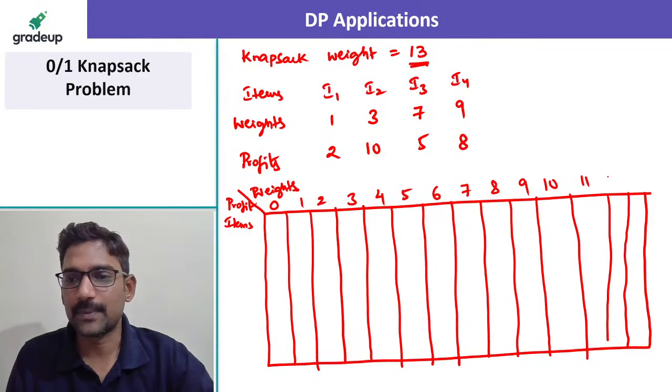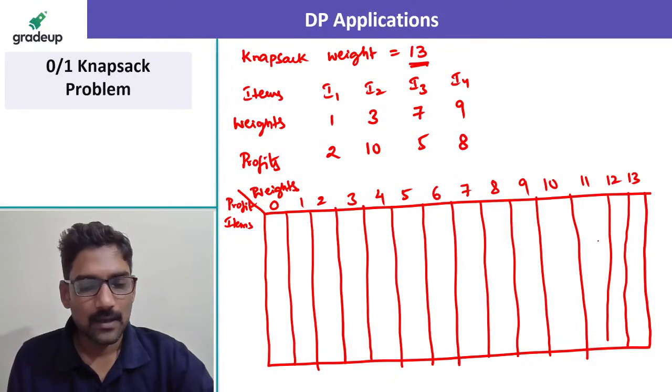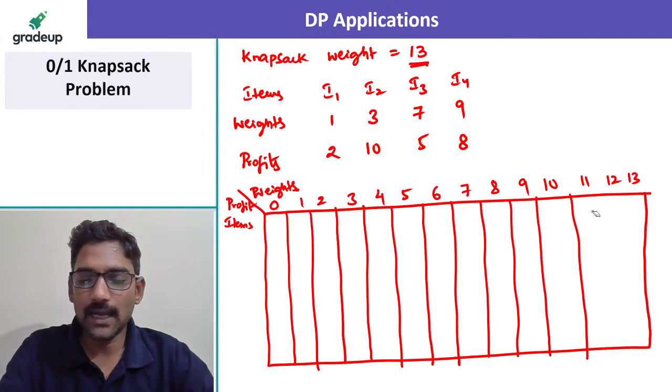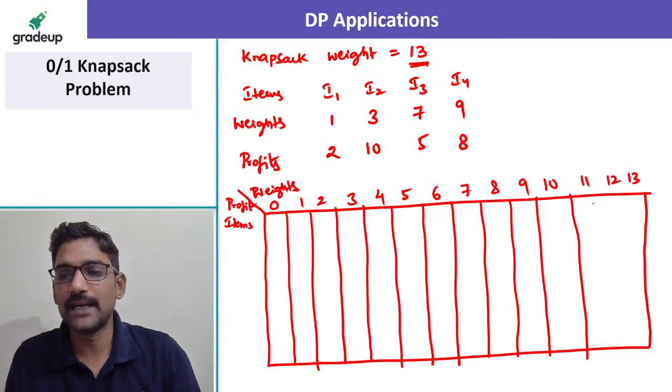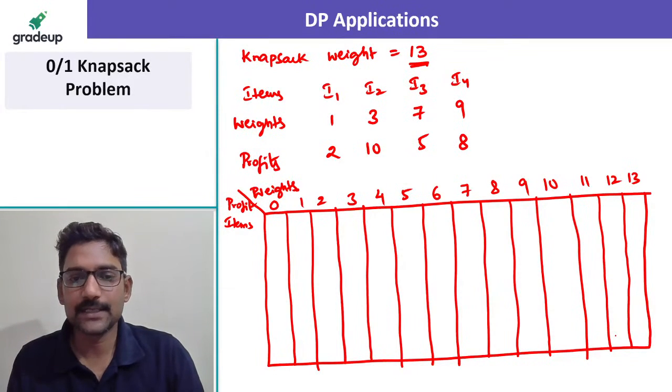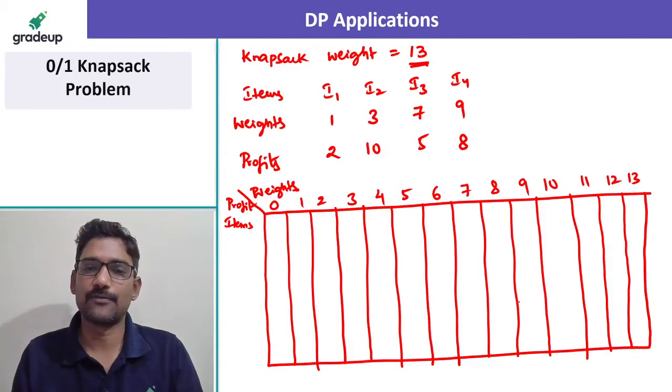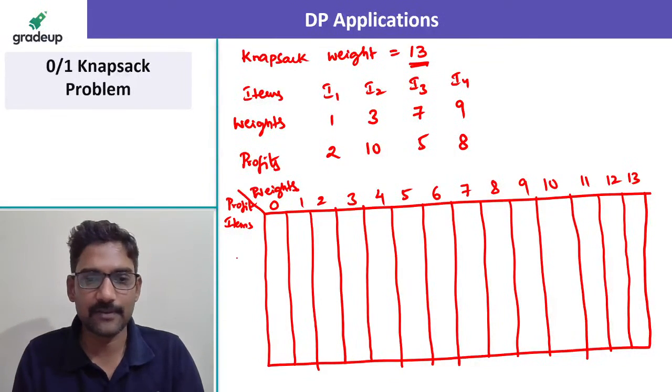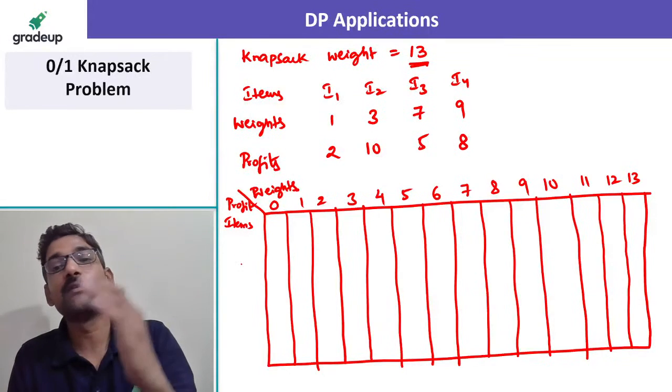The second step is to take the items in the ascending order of weights. However, the items are given in ascending order of weight. If they are not given that way, we will arrange them.